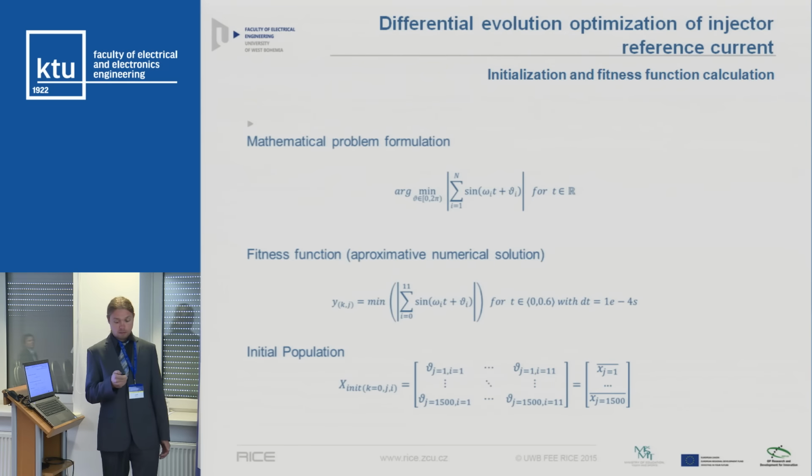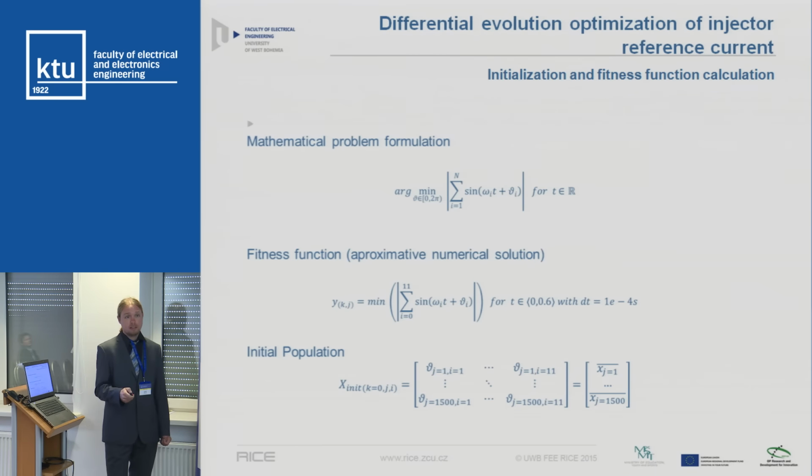So this is a mathematical description of our problem. We have a sum of sinusoids, and we are looking for the thetas of the sinusoids to achieve minimal peak-to-peak, of course, for all time. We made a numerical approximation of this problem.